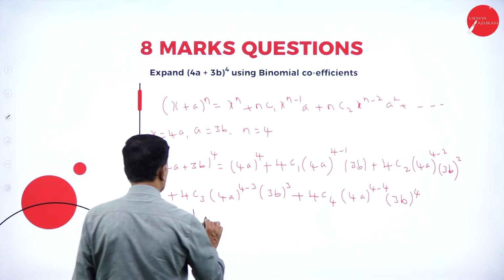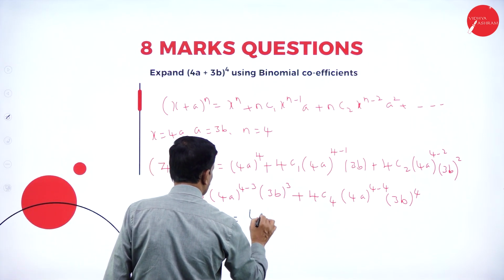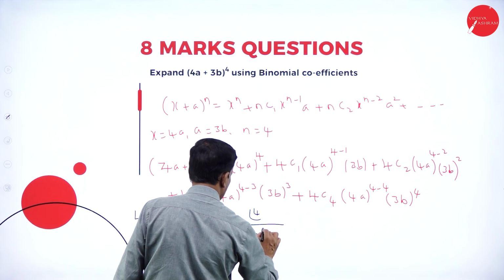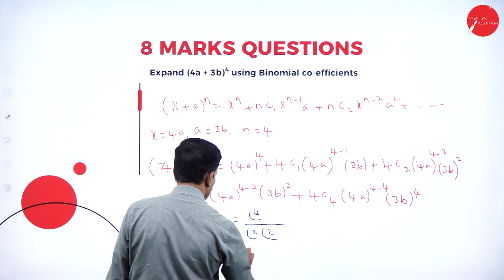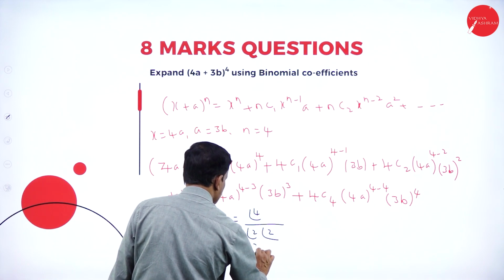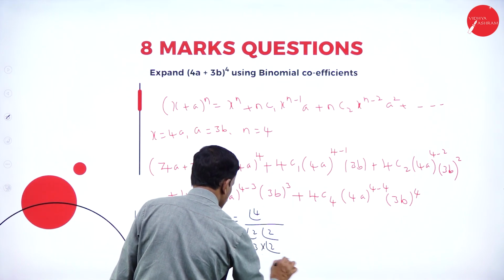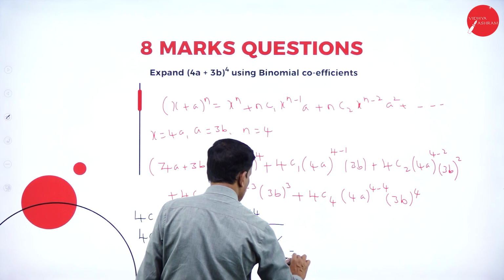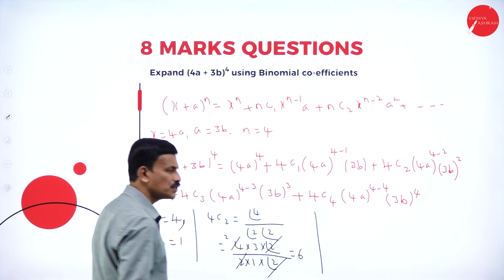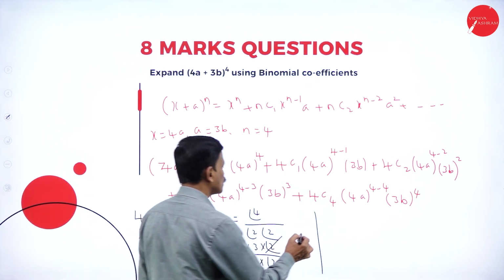Find out 4C2. So 4 factorial divided by 2 factorial into (4 minus 2) is 2 factorial. This is 4 into 3 into factorial 2 divided by 2 into 1 into factorial 2. 2 gets cancelled, 2 2s get cancelled. This is 6. 4C2 is equal to 6. And finally 4C3.